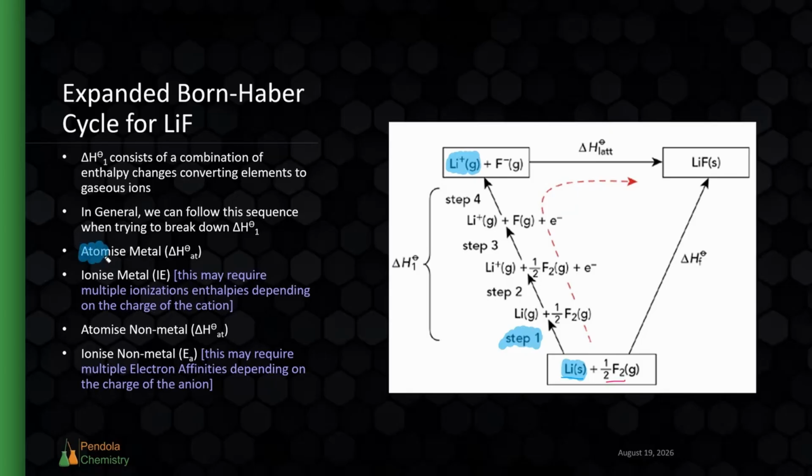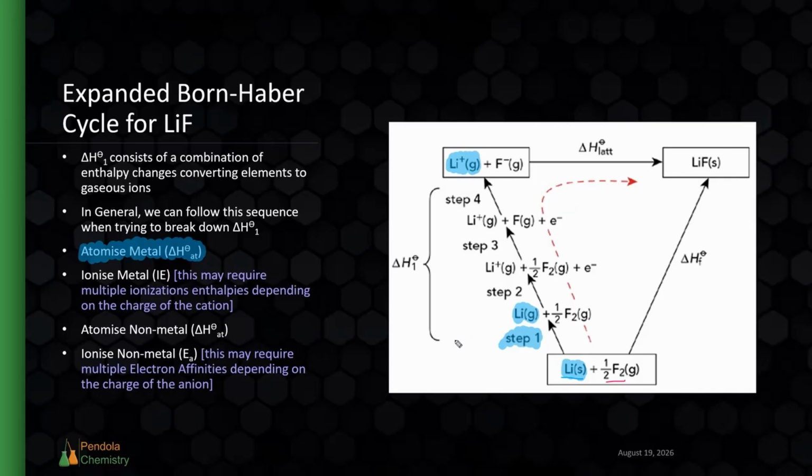So the delta H of atomization of a metal, because you remember delta H of atomization is turning an element in its natural state to a gaseous atom, that is going to take care of turning this lithium solid to lithium gas.